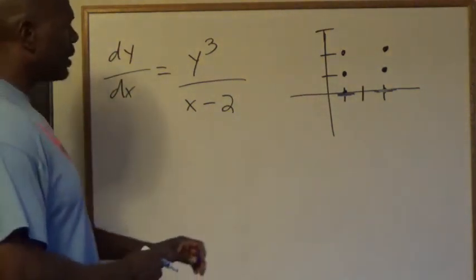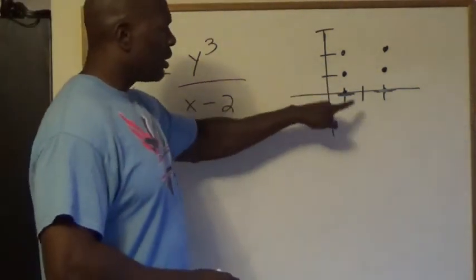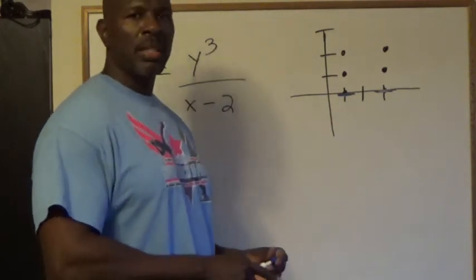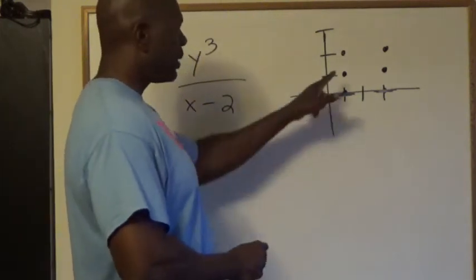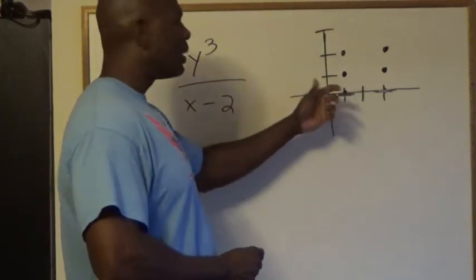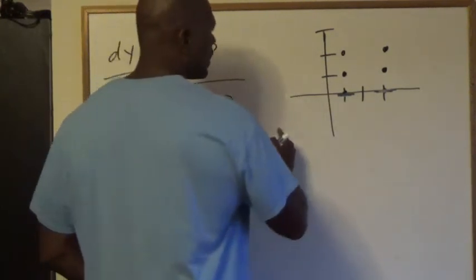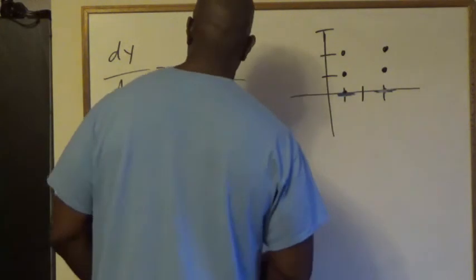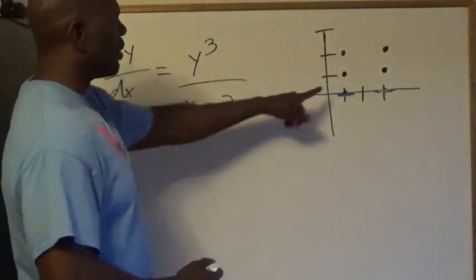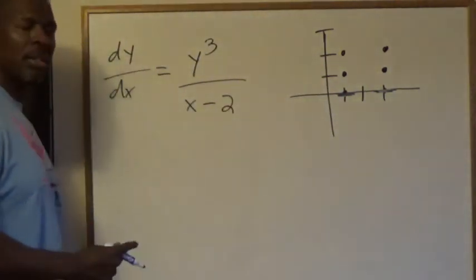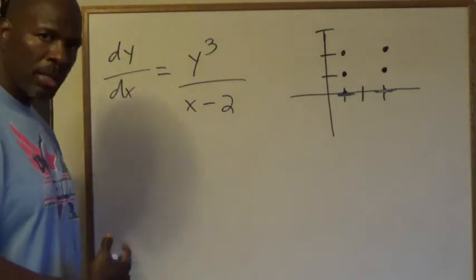Then for each of these points, just like you find the slope of the equation of the tangent line, we just plug in the coordinates of these points into the given differential equation. So for instance, this is the point 1, 1. I'm just going to evaluate the differential equation where x is 1 and y is 1.